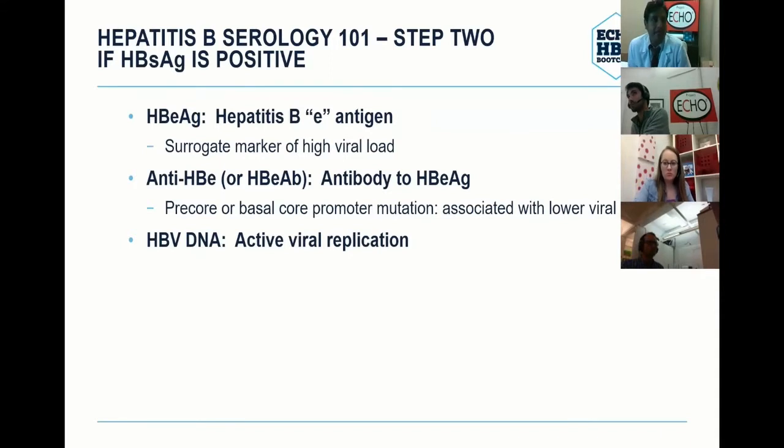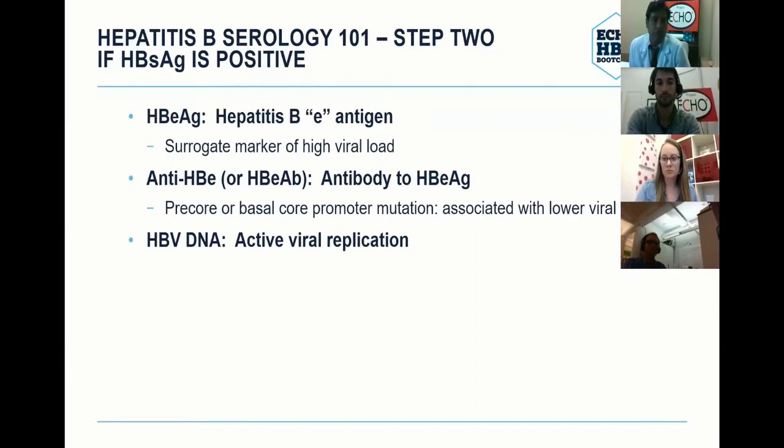We check for E antigen, E antibody, and DNA. Out of all these three, DNA tells us whether the hepatitis B is actively multiplying or replicating, or whether the patient has just a carrier state. E antigen and E antibody, if you go back to our prior module, we talked about envelope antigen being a marker for very high infectivity or very high viral replication.